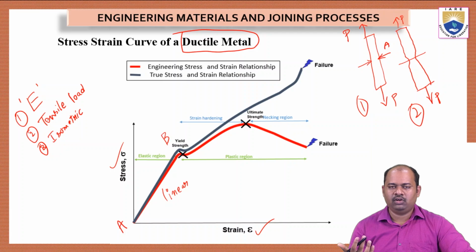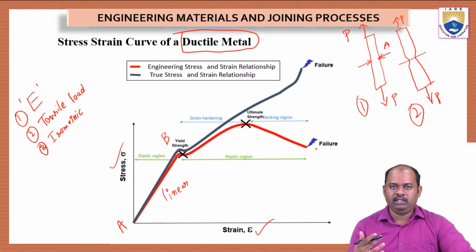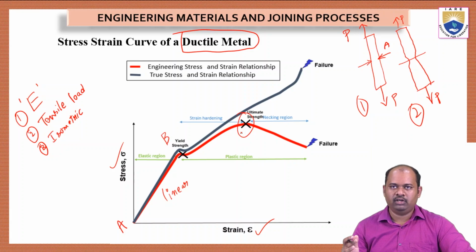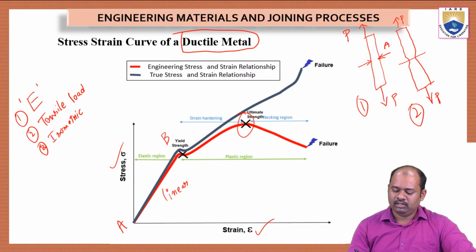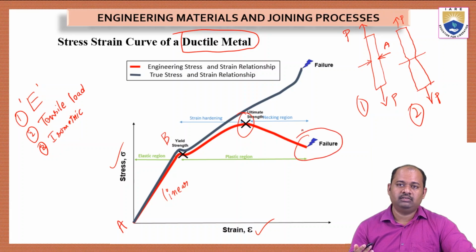Because of this decrease in the cross section, as I apply more load, the strength of the body will decrease. The amount of stress it can generate will decrease, and ultimately it will go down. So after ultimate strength, the graph will go down because the cross section area is decreased. And ultimately at this point failure takes place.